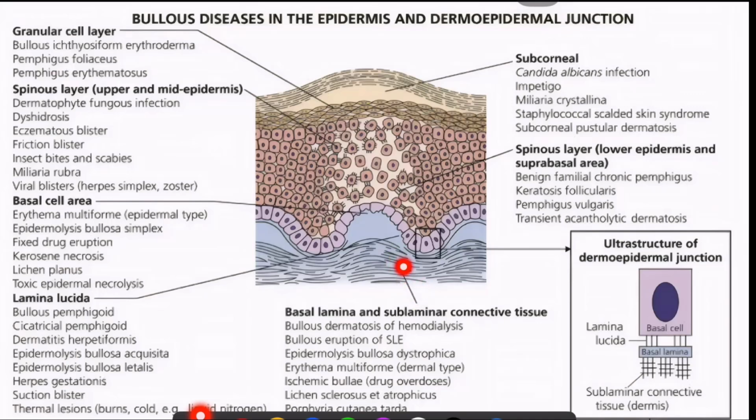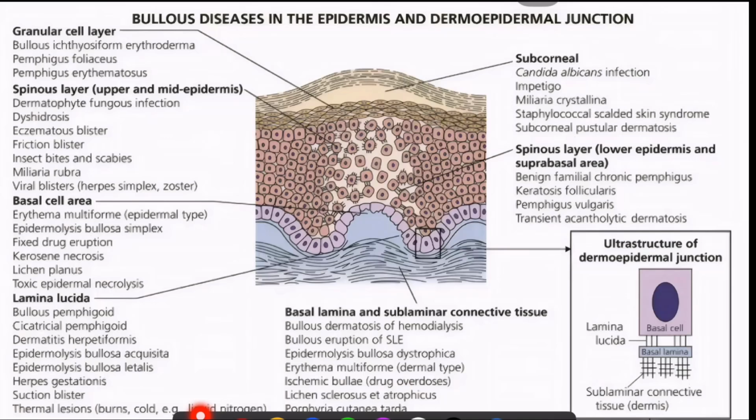Suppose the basal lamina and sublaminar connective tissue are affected. Here, it is bullous dermatosis of hemodialysis, bullous eruption of SLE, epidermolysis bullosa dystrophica, dermal type of erythema multiforme, and lichen sclerosus et atrophicus.